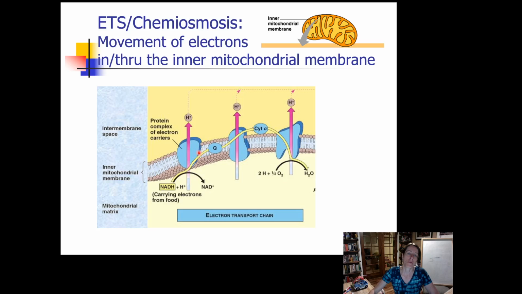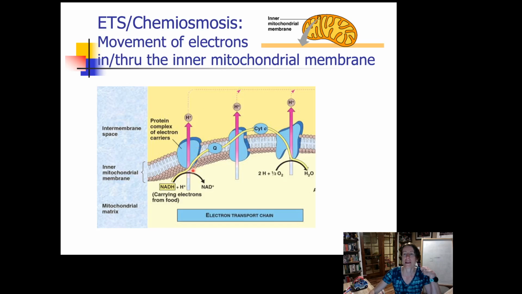These proteins use some of the energy from these electrons, which gets sort of sucked into these proteins and used to power a pump, to pump hydrogen ions from the matrix into the intermembrane space. So remember, these hydrogen ions are charged. They can't just cross through the membrane on their own because they're charged.